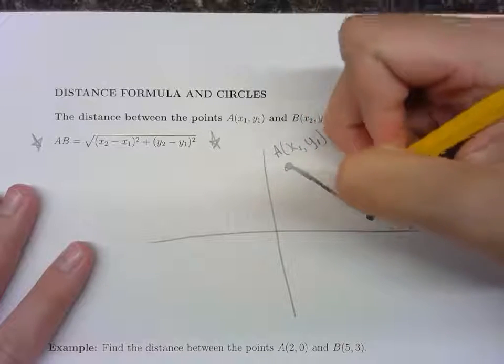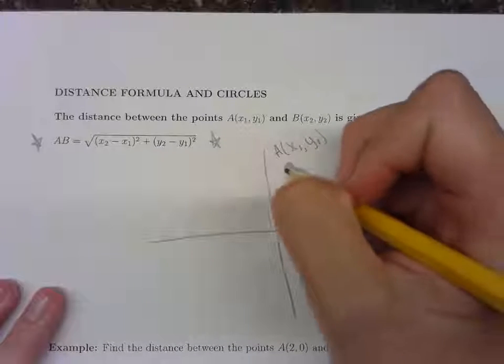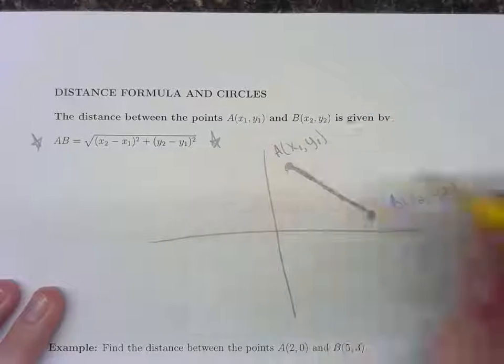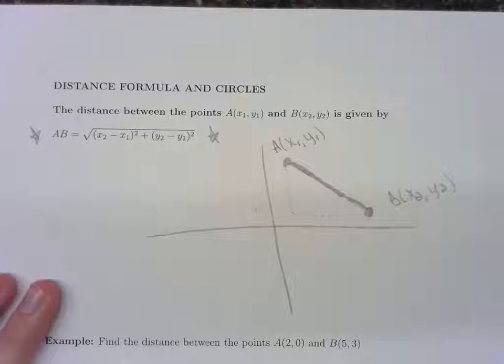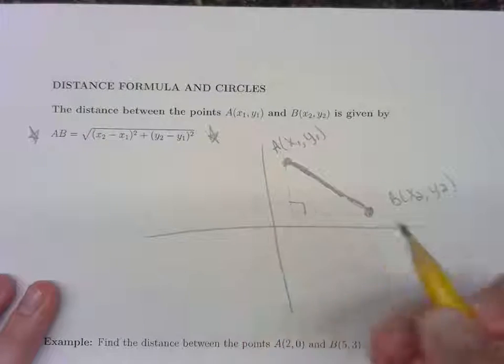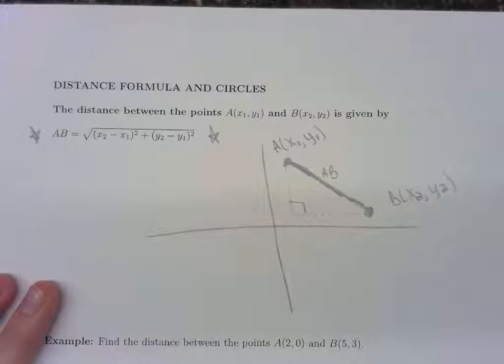What we're going to do is drop the A down to B, and you can see that this makes a right triangle with the distance D, or AB, being the hypotenuse of the right triangle.